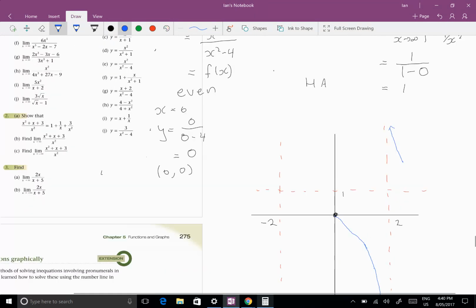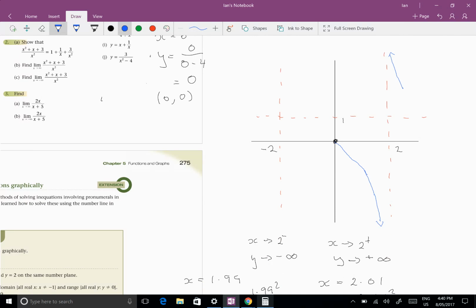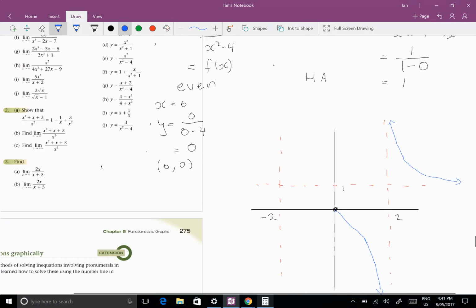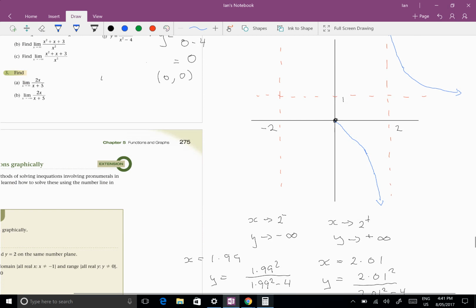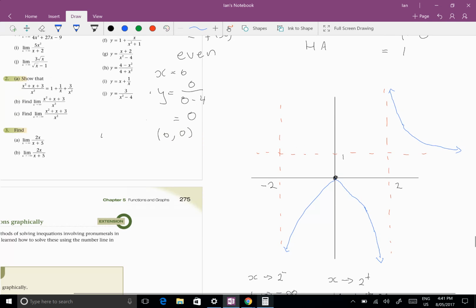So as x gets really, really big, as x goes off into the distance, I'm going to get that. Now, because I've already stated that it is an even function, I just now have to mirror all this. So I'm going to have that happening, and I'm going to have that happening.